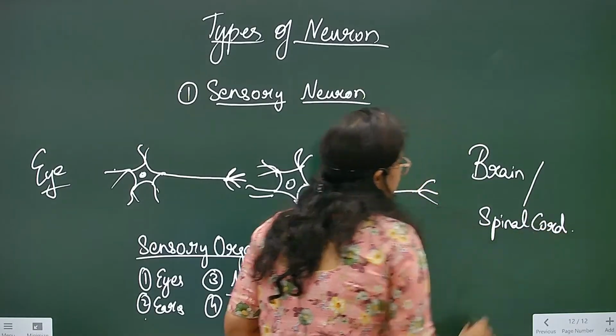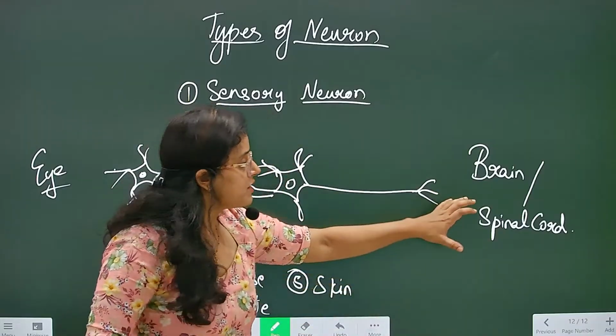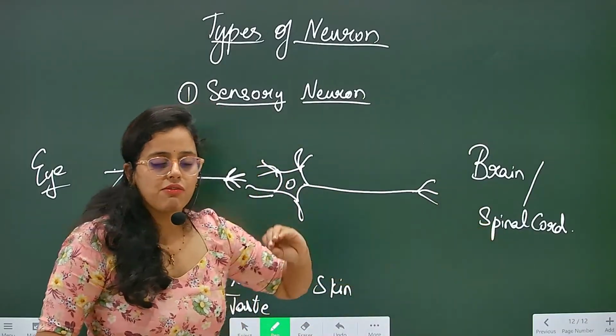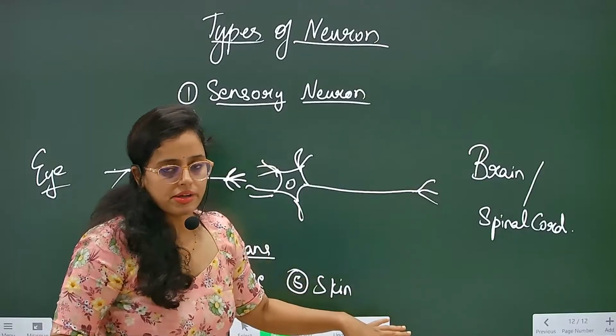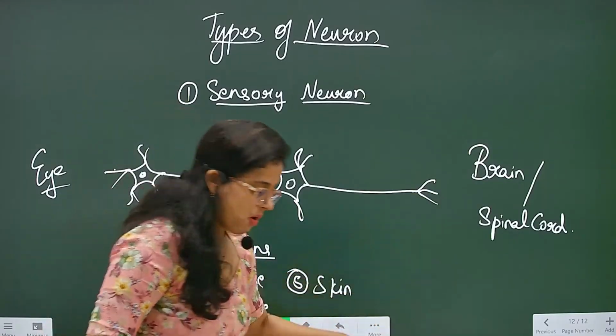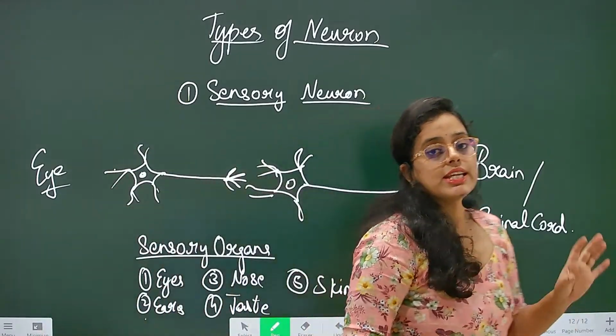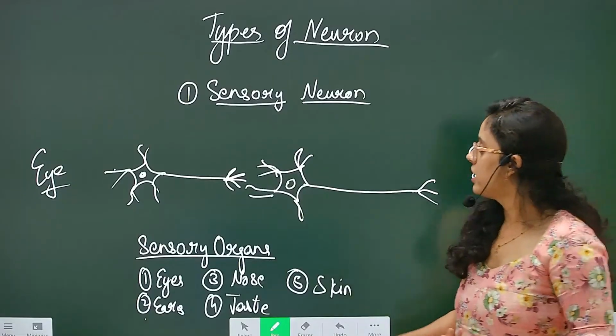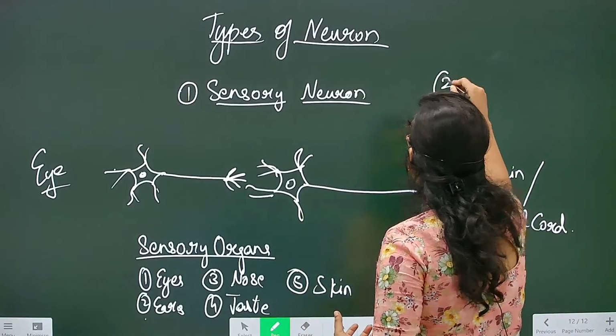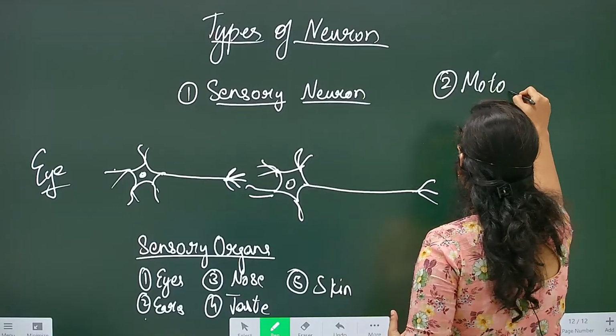And what does the brain and spinal cord do? It will respond. This response is done by motor neurons. Now we have motor neurons.